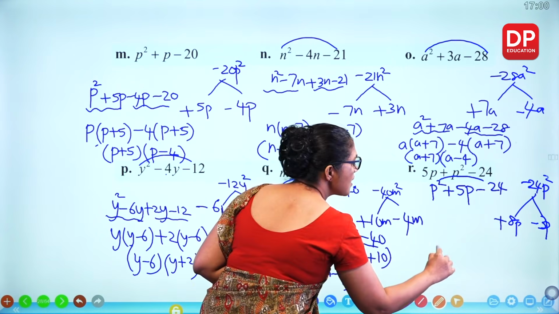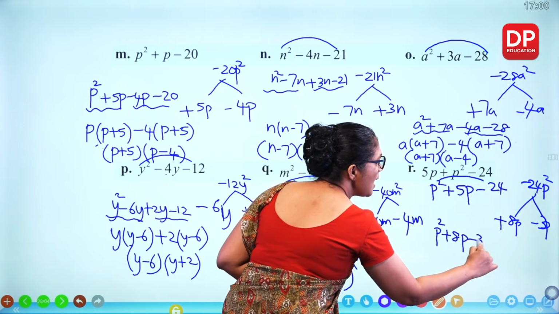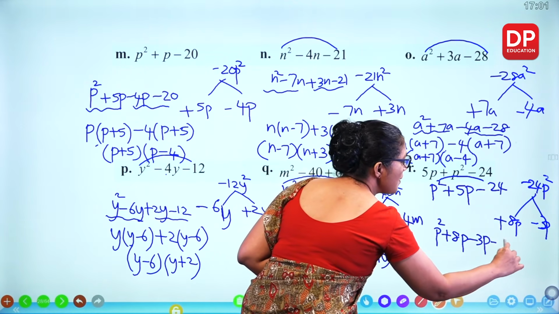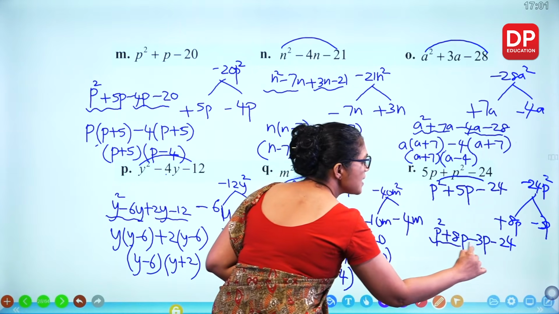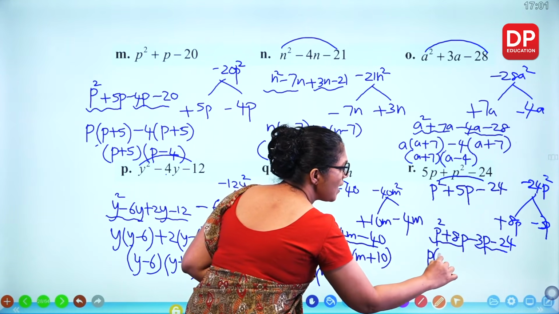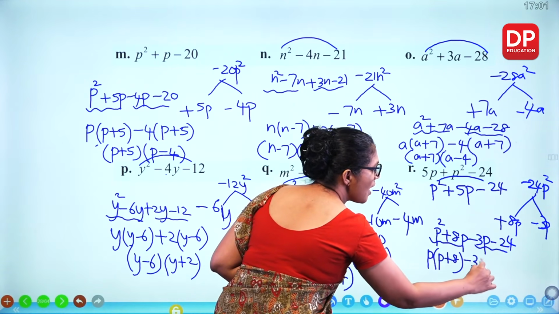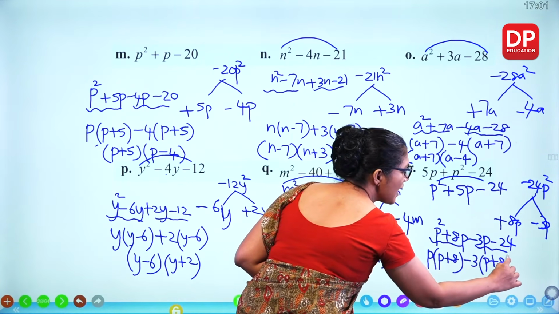So here again you can split the middle term to 8p and minus 3p and then take 2 at a time. You get p, when you take p out, p plus 8, and when you take minus 3 out you get p plus 8 again.